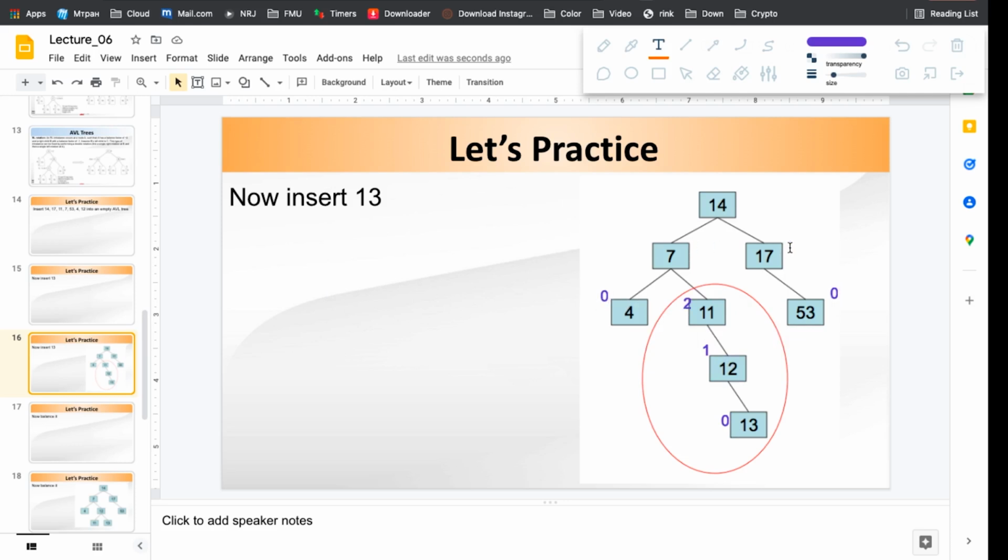Here it's going to be 1, here it's going to be 1, 2, 3 minus 1, it's going to be 2. And here 1, 2, so 2 minus 4 is going to be -2. So we have the balance factor for each one of them, and then, starting from the lowest, we're going to balance everything out.